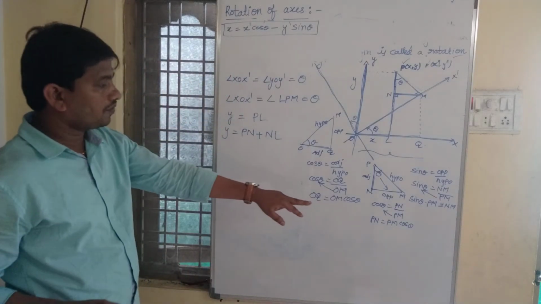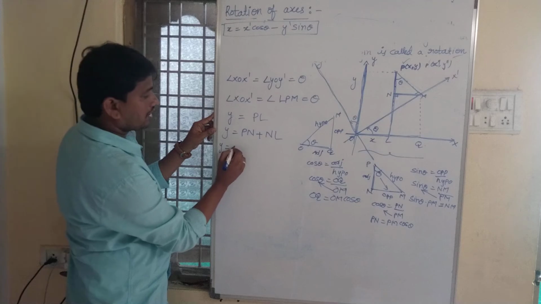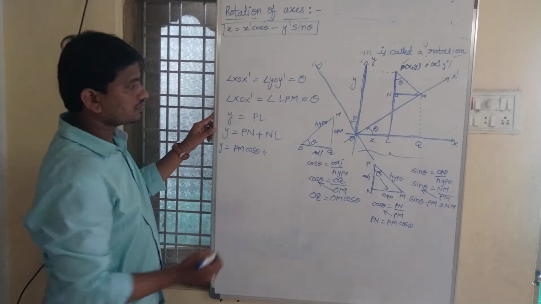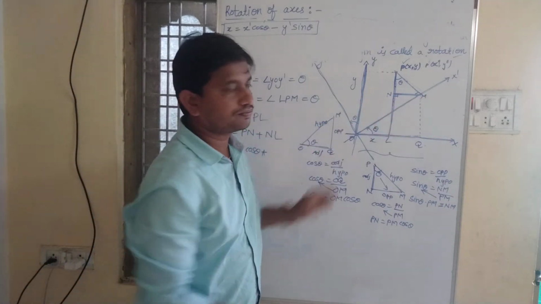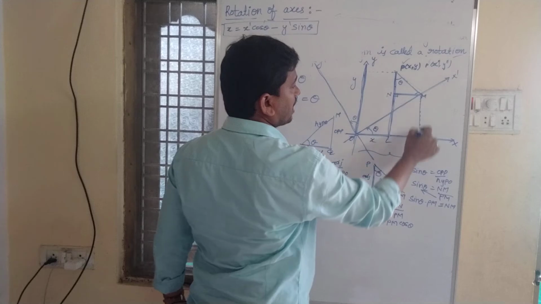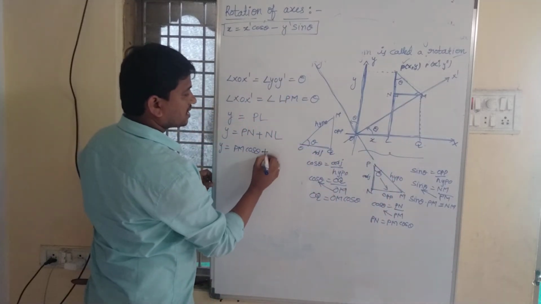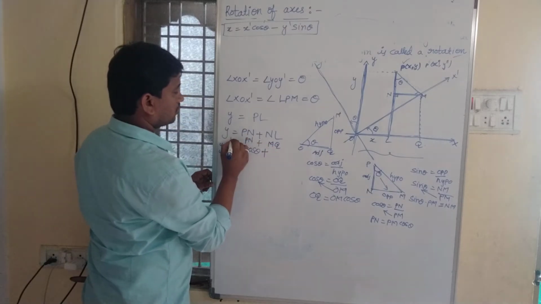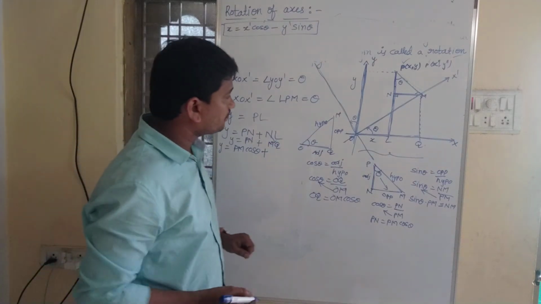Right? In place of PN, I can write PM cos theta, plus what is NL, children? NL is the same as MQ. In place of NL, I can write MQ. So let us find MQ.